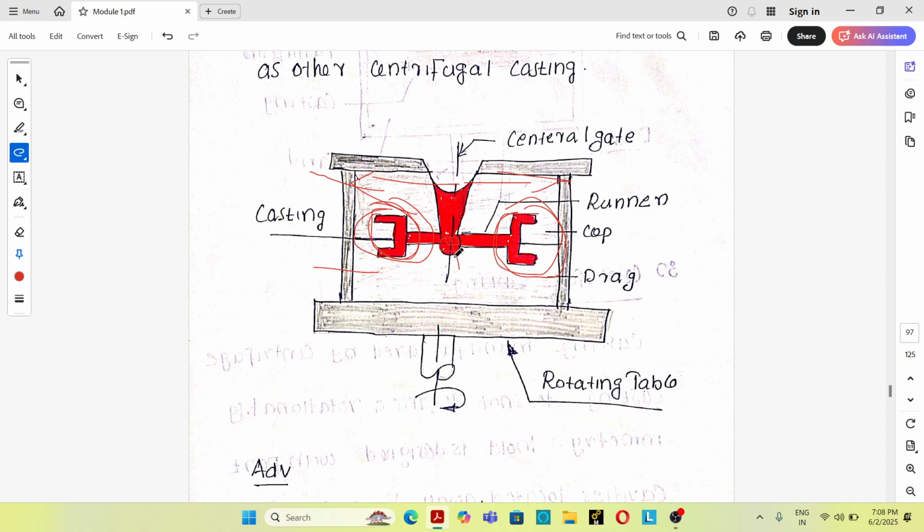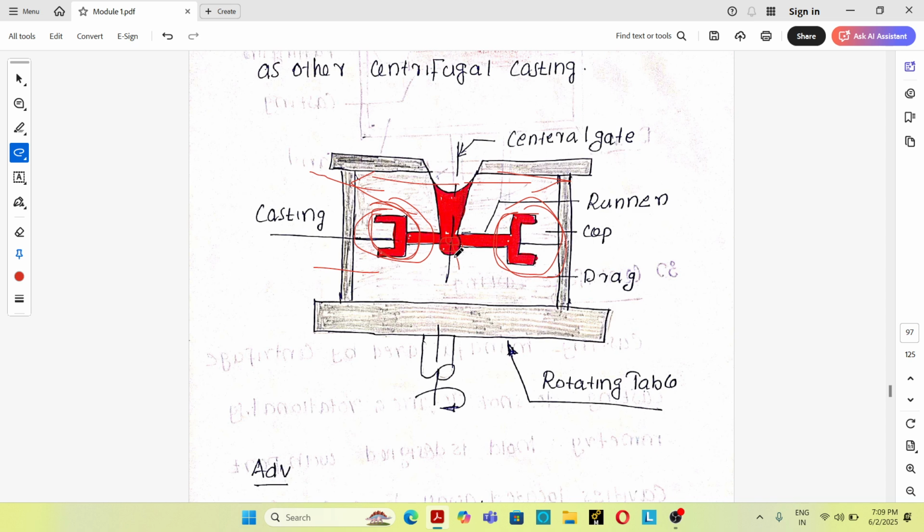Once more, what's the principle of the centrifugal casting process? In centrifugal casting, the mold is rotating during the casting process until solidification of the casting. The mold rotates either in horizontal or vertical direction using rollers or other methods. Either a permanent mold or an expendable sand mold is used.